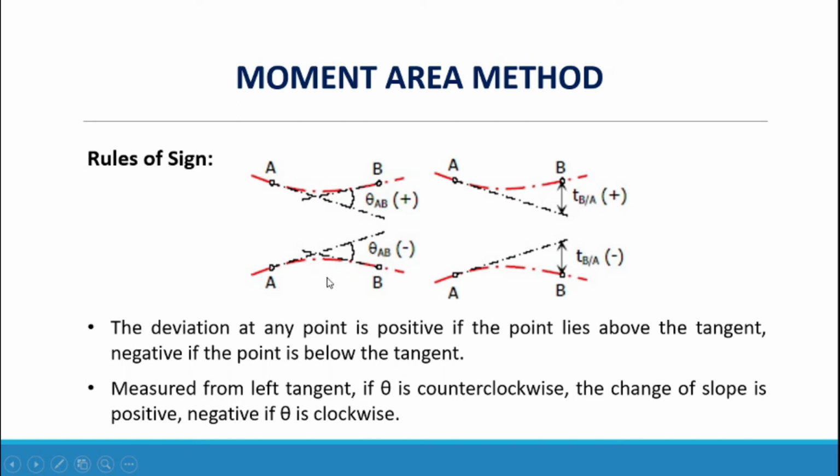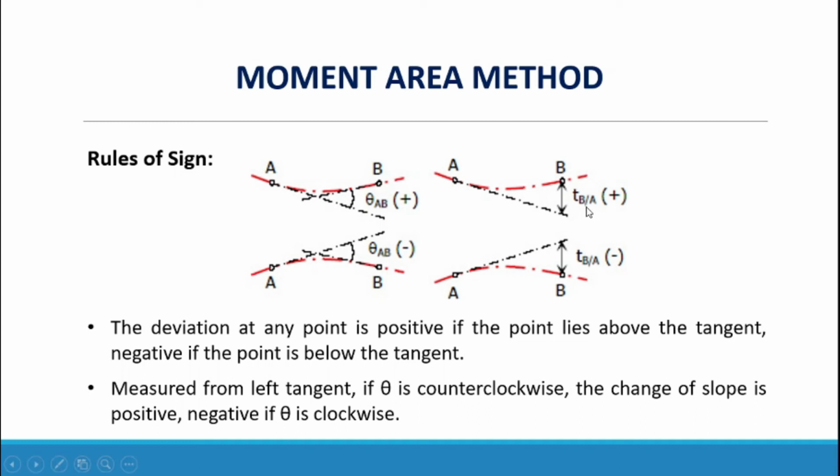So for counterclockwise, the value of theta AB is positive, and for angle theta AB in the clockwise direction from A to B, the sign is negative.